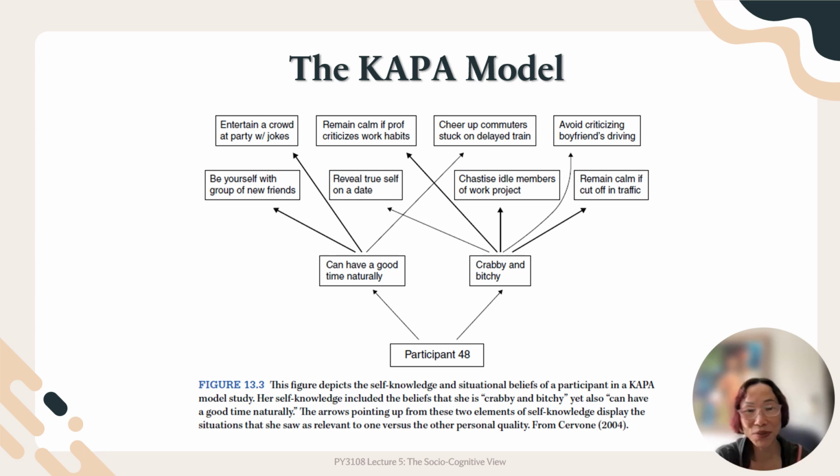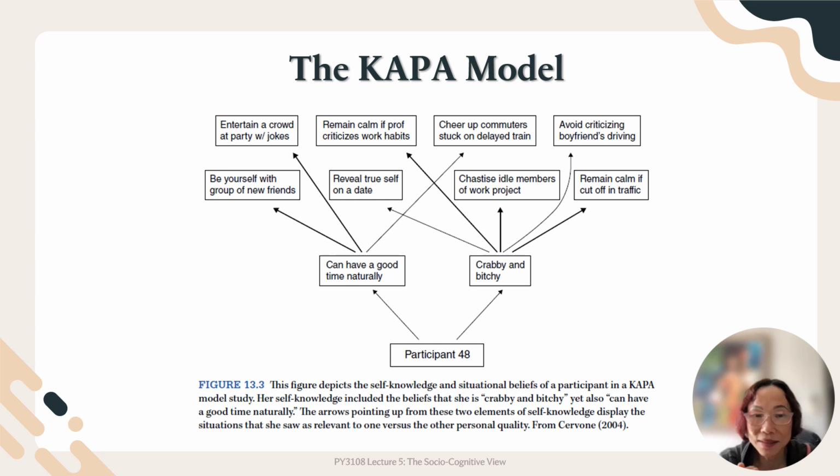So let's use a specific participant in Cervone's 2004 study. This is a female participant, and she identified two self-schemas.